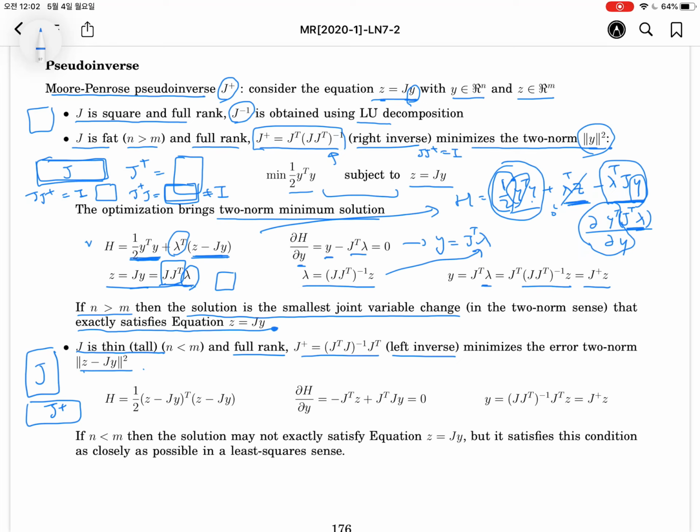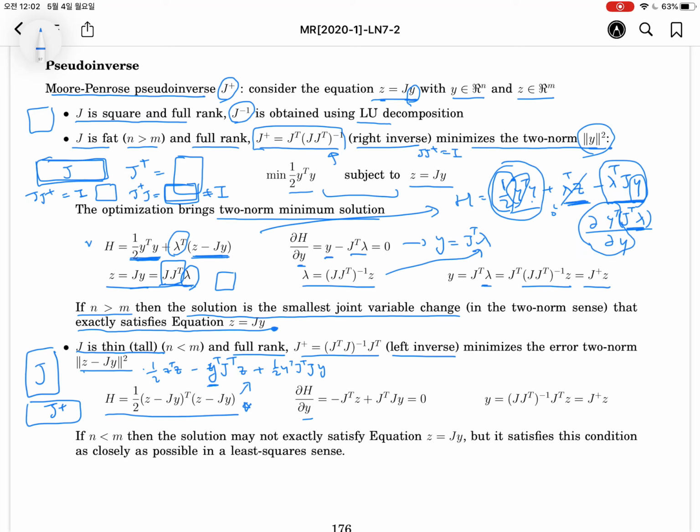Okay, so let's prove the aforementioned concept. Let's take the Hamiltonian. The error is given like this. Okay, it will be expanded: 1/2 z transpose z minus y transpose J transpose z. The y transpose J transpose z term will appear 2 times, so the 1/2 cancels out, and plus 1/2 y transpose J transpose J y.